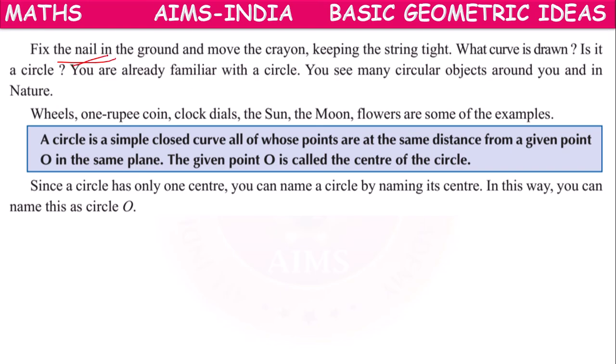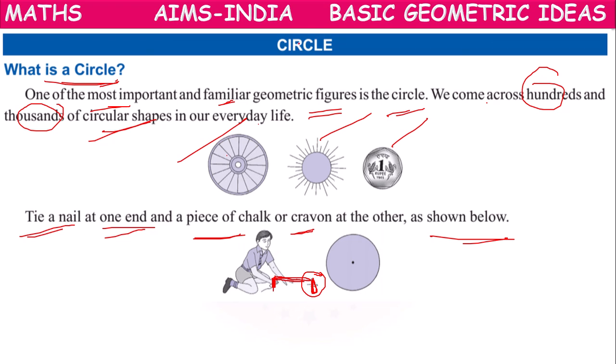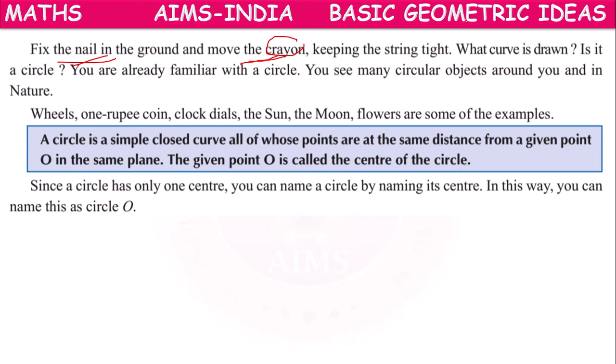Next, fix the nail in the ground and move the crayon or chalk piece, keeping the string tight. So what curve is drawn?